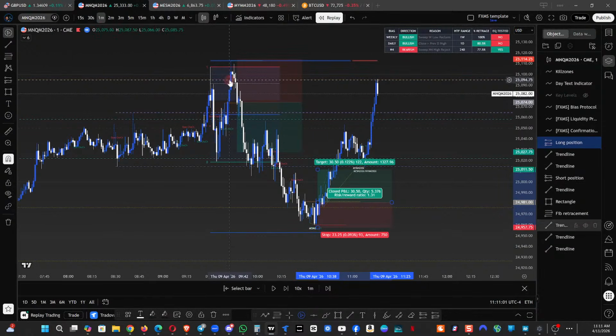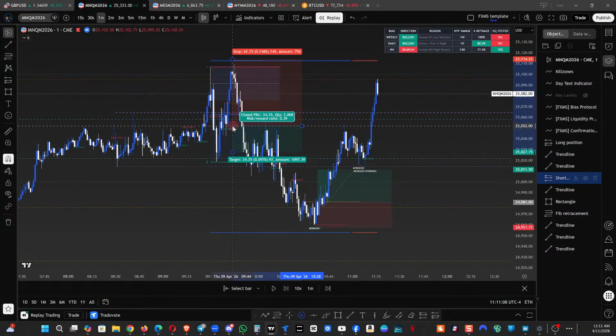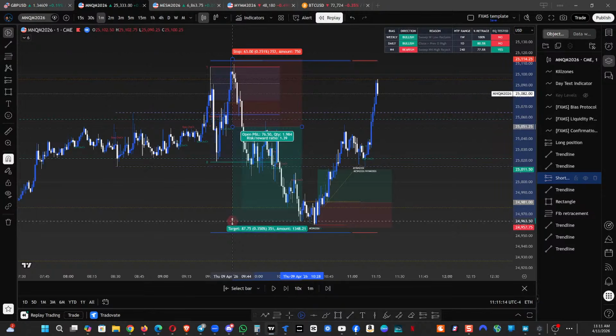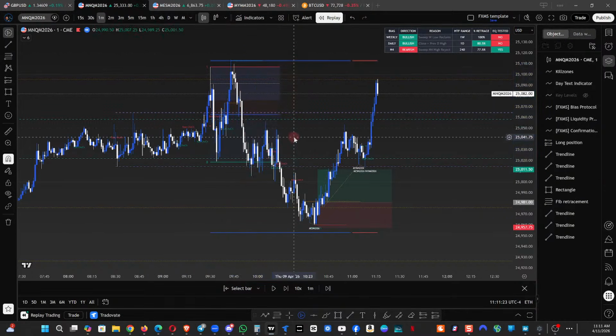If we're taking a short based off of the change of character, like for this example, then now our entry is down here, and our risk reward is a lot worse. Yes, we do get a 1R plus, but if we come down to here and we're not even getting 1R, it's not going to be a good trade.